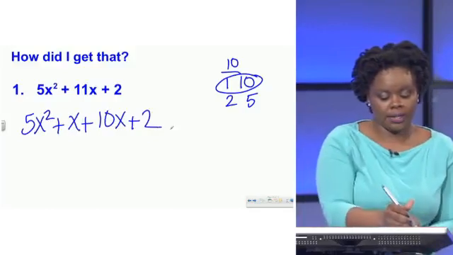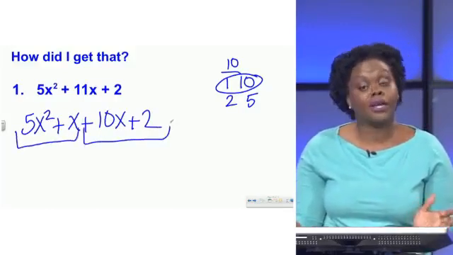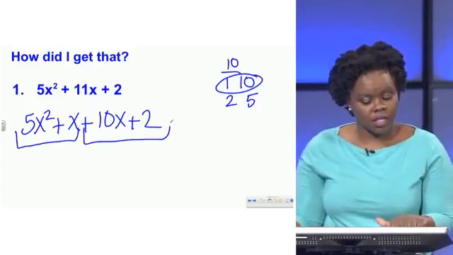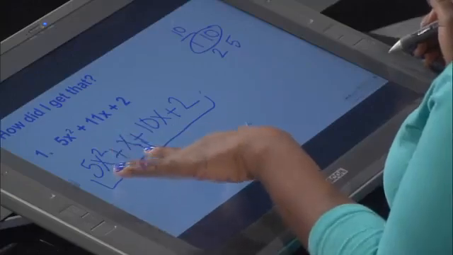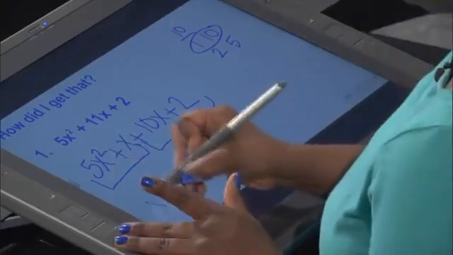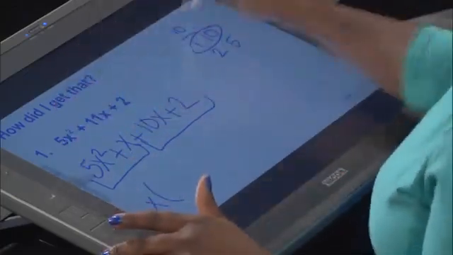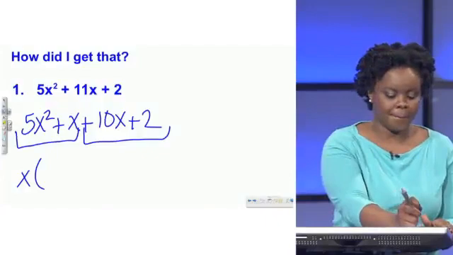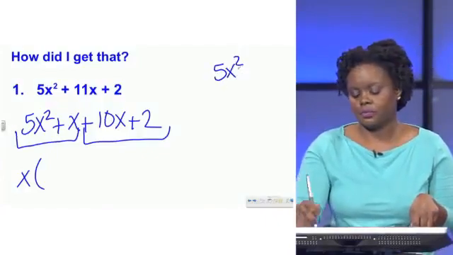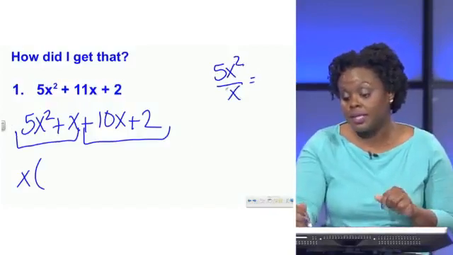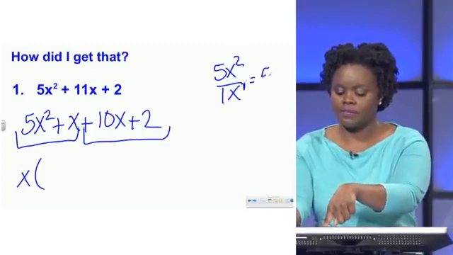Now you're at the point to take it in groups, and we're going to find the greatest common factor in each group. So as far as 5x squared and x goes, the only factor they have in common is x. So if I go ahead and do my division like I need to, 5x squared divided by x, which is basically a 1x to the first, right? 5 divided by 1, that's 5.